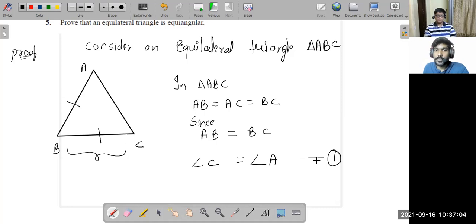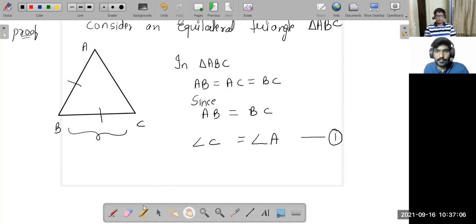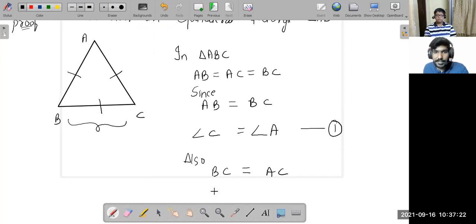We name this as equation 1. After that, we know BC is equal to AC. Which is the angle opposite to side BC? Angle A. Which is equal to the angle opposite to side AC, angle B. You name this as equation number 2.